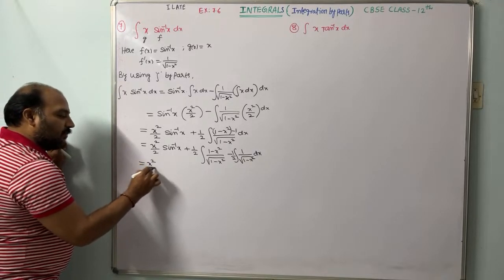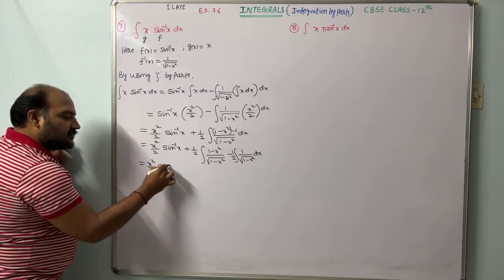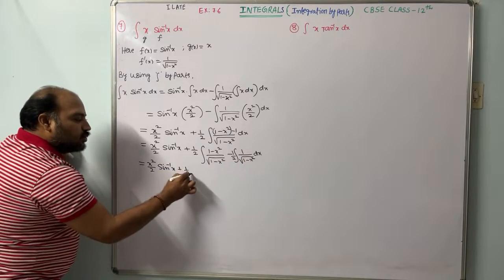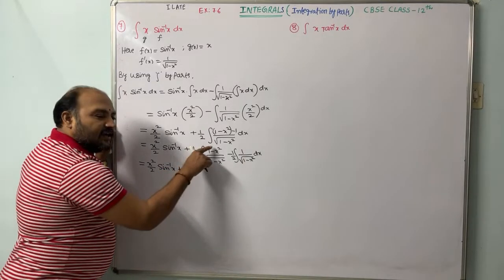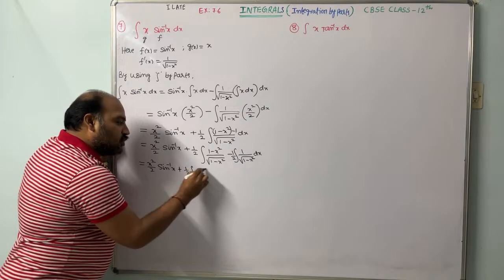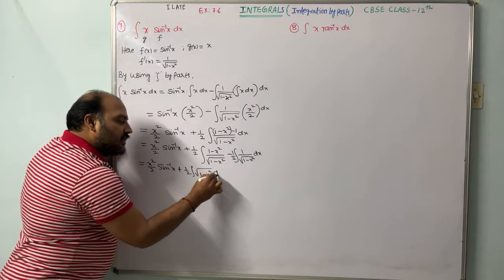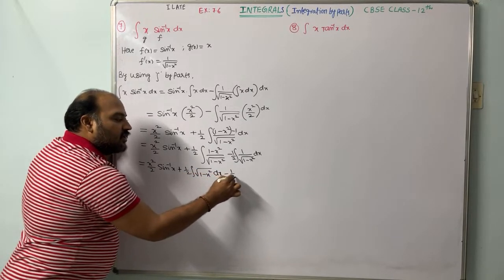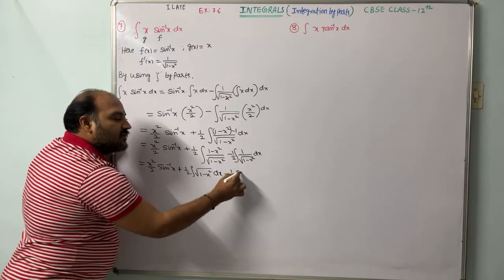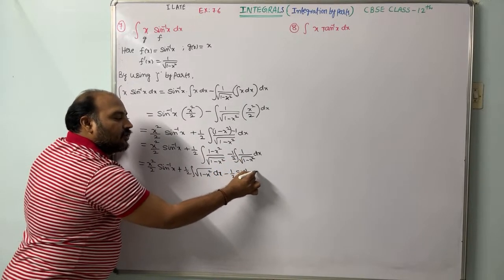So x squared by 2 into sine inverse x plus 1 by 2 into integral root over 1 minus x square dx minus 1 by 2 integral 1 by root of 1 minus x square, which is sine inverse x itself, plus c.